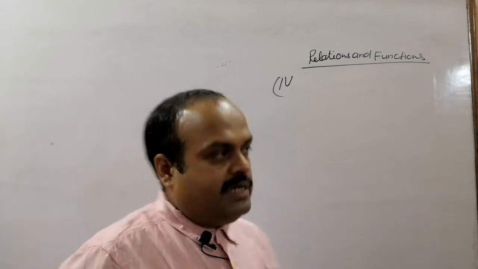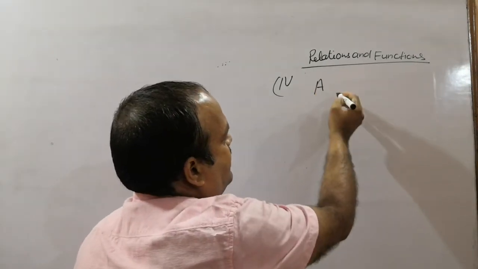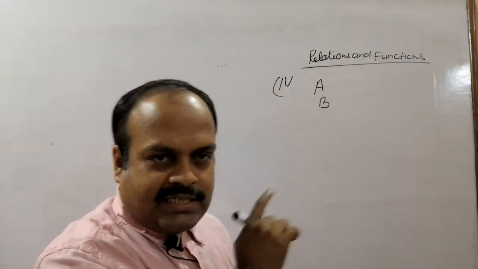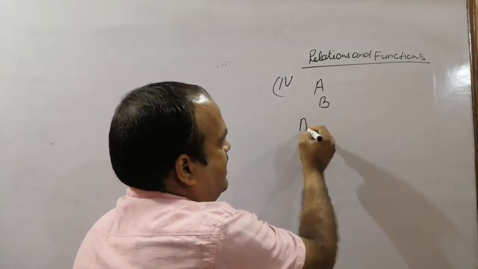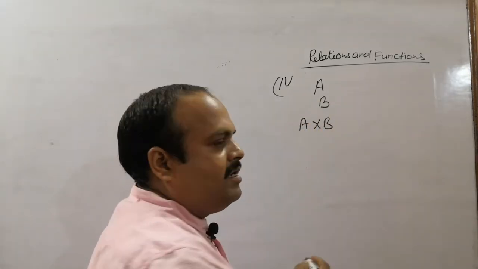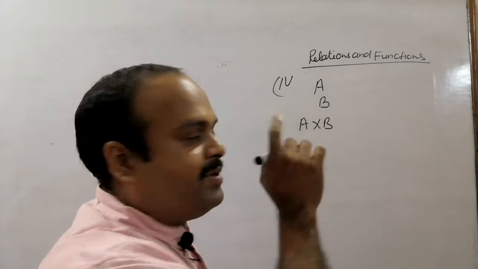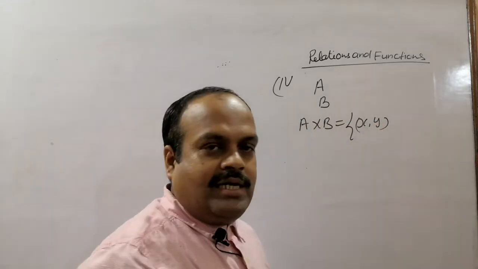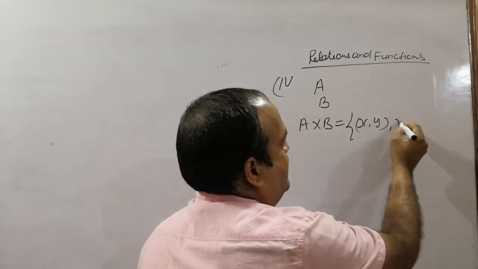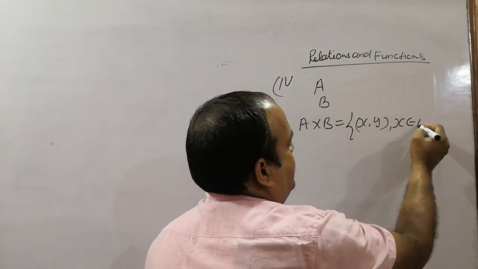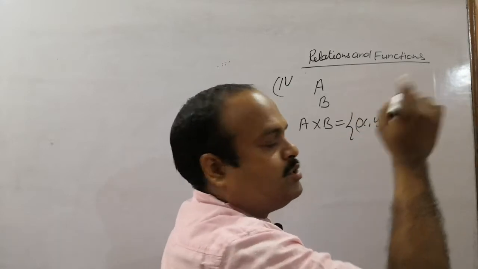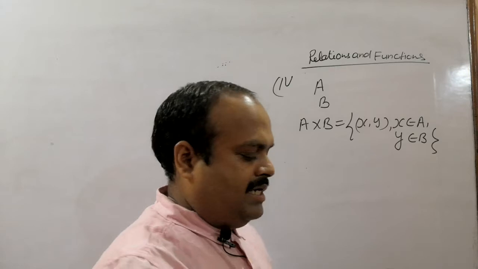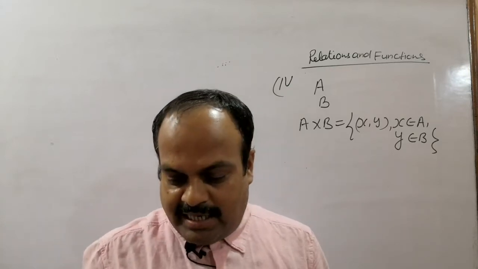No, it is wrong. If A and B are non-empty sets, then A cross B will be a set of ordered pairs x comma y such that x belongs to A and y belongs to B. So, what does this statement say?